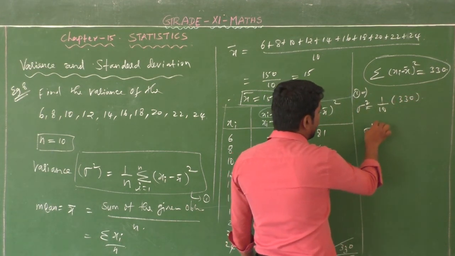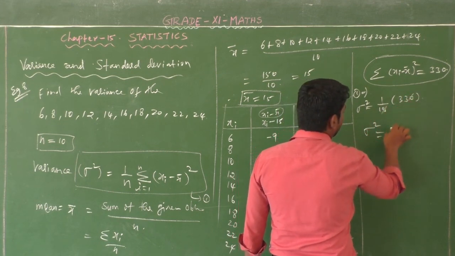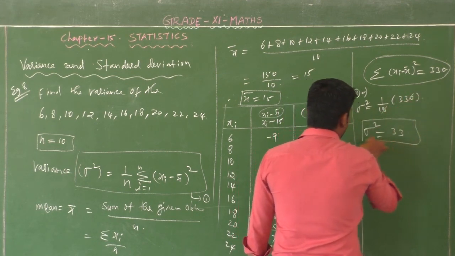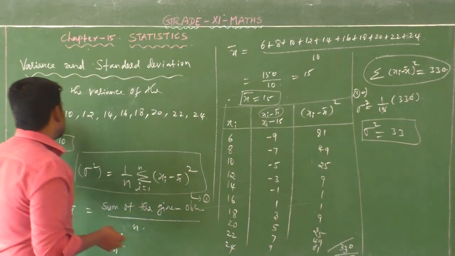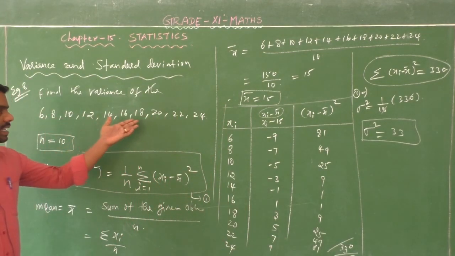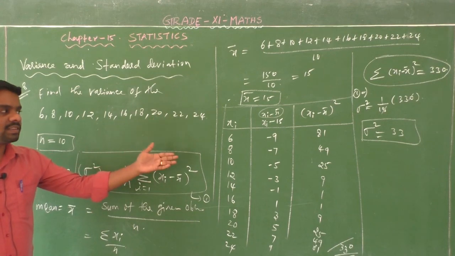So sigma squared is equal to 330 by 10; the 0 cancels, remaining 33. Therefore, the variance of the given data 6, 8, 10, 12, 14, 16, 18, 20, 22, 24 is 33.